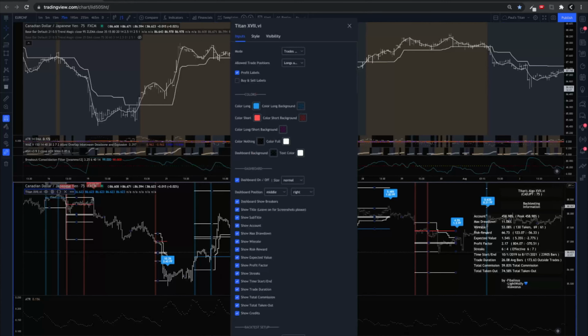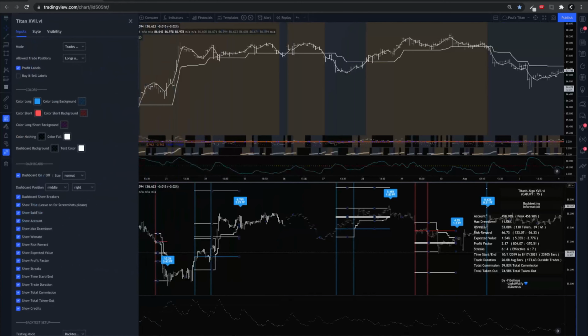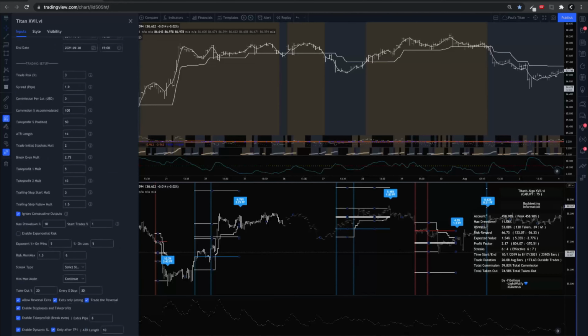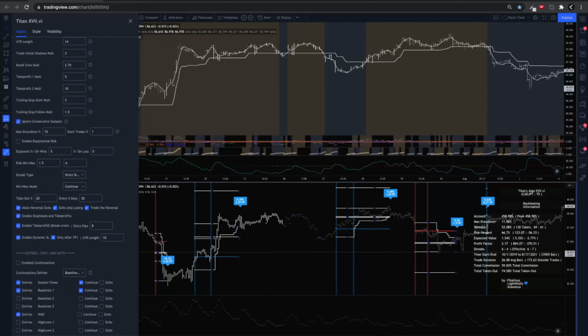This does not automatically change your risk depending on your win rate, but you can play around with it and be like, hey, what happens if I do enable some risk? Does this just basically adjust the risk for every trade?